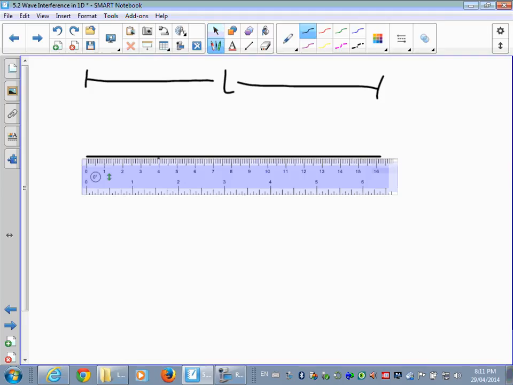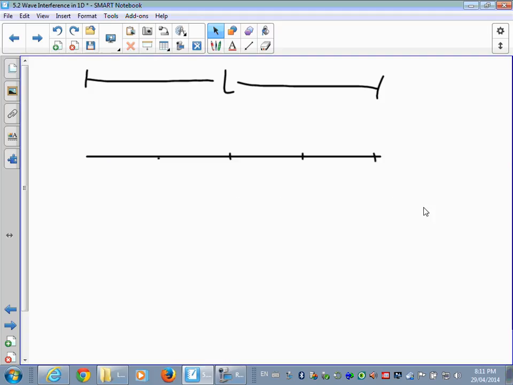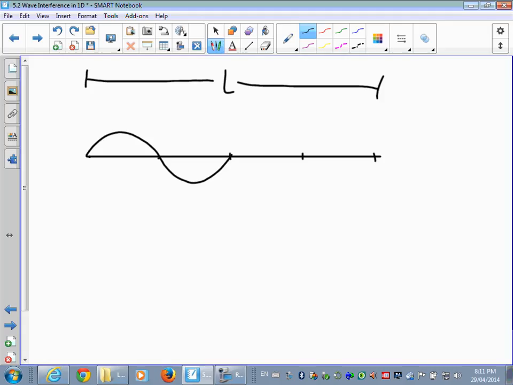And let's put little dots there, 4, 8, 12, and 16. Get rid of my ruler. And so the standing wave kind of looked a little bit like this. So at one point, it would have looked like that.